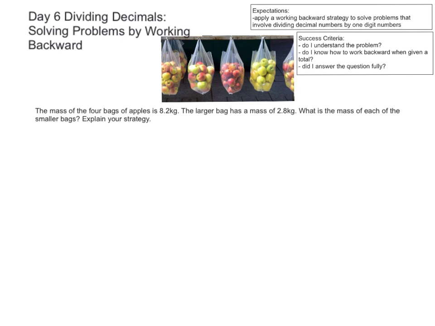So what we can do now is figure out what our total is. So we know that our total is 8.2 kilograms. So now we can work backwards. We can work backwards because we know that there is a larger bag that has 2.8 kilograms. So we can subtract 8.2 and 2.8.